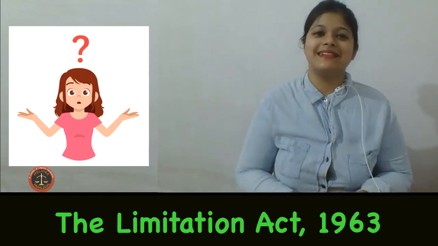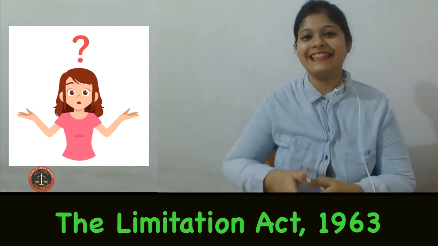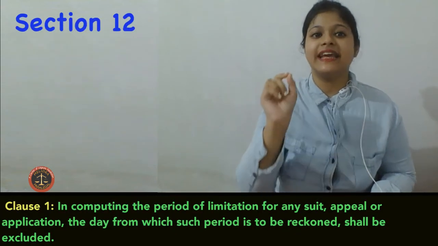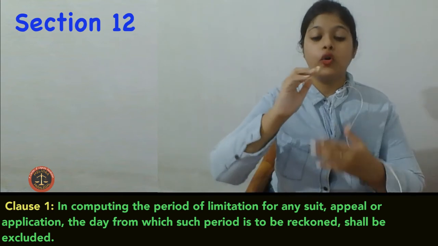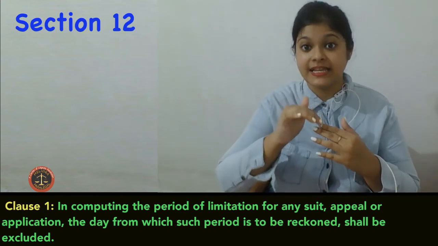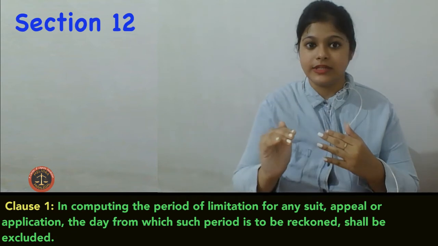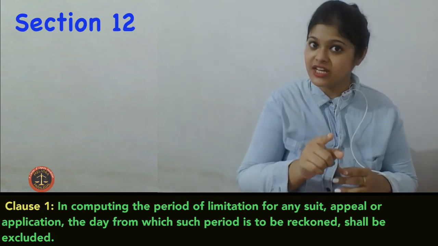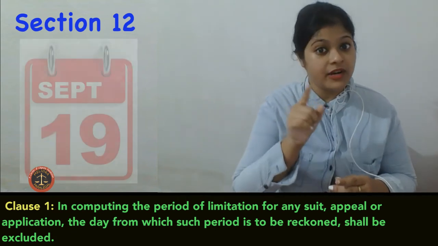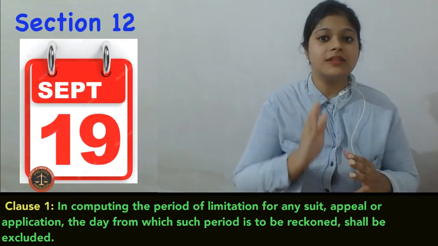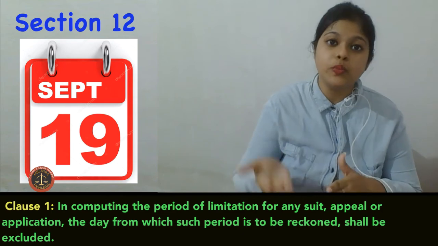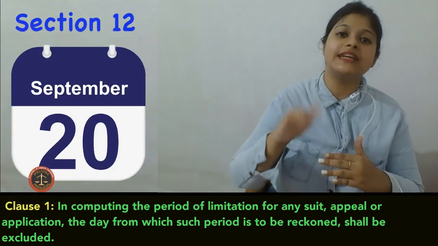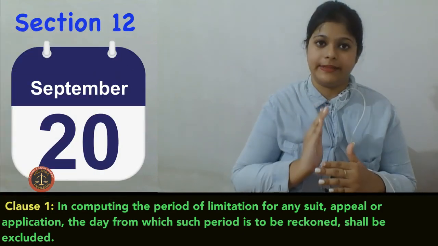To get this answer, we need the help of section 12, clause 1, which says that the day of reckoning, which is nothing other than the day on which the cause of action arises, is to be excluded. That is, the cause of action has arisen on September 19th. Okay, so September 19th will be excluded and the calculation will begin from 20th of September 2020.